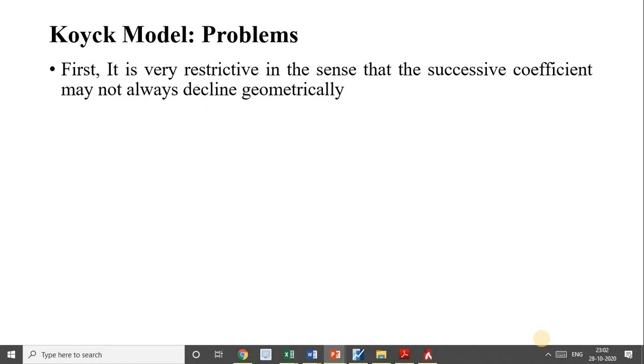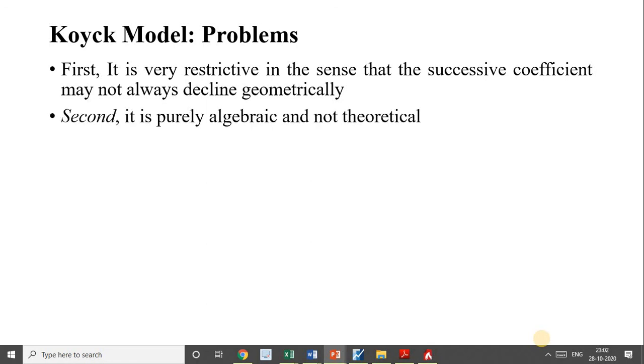But this Koyck model is also not free from limitations. It has mainly two limitations. First, it is very restrictive in its assumptions. It assumes that all betas have the same sign and decline geometrically.